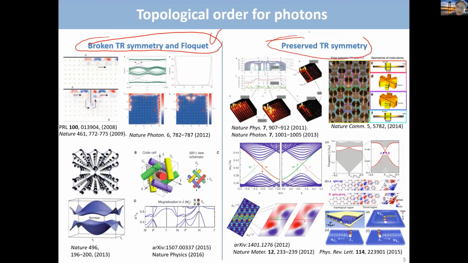Our approach is based on preserving time reversal symmetry and instead using symmetries of the structures, which can be either lattice symmetries of the photonic crystals, or hidden symmetries of the electromagnetic field, which we can restore in our metamaterials, such as electromagnetic duality.